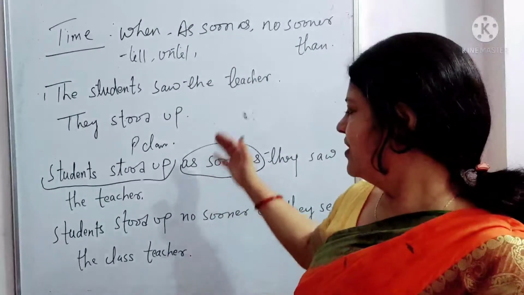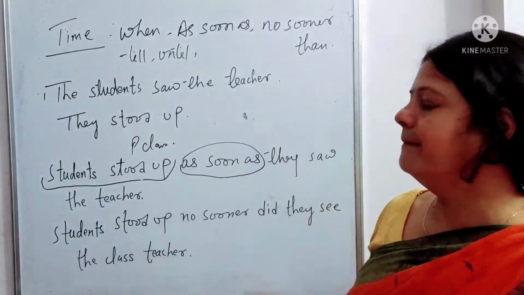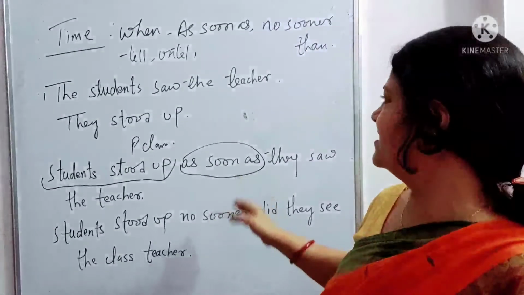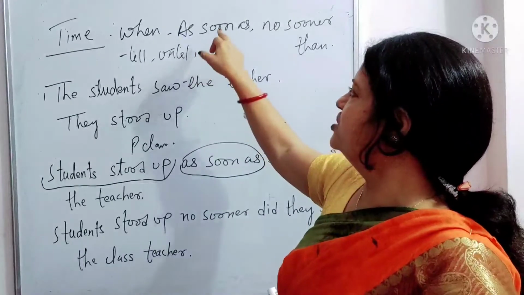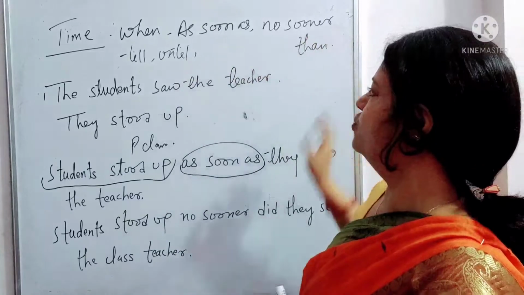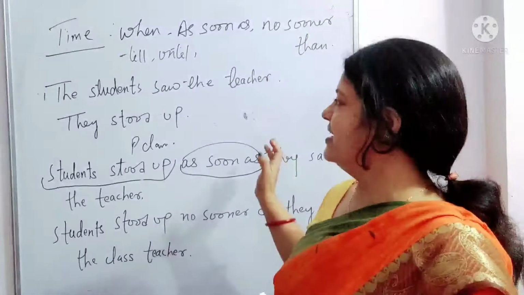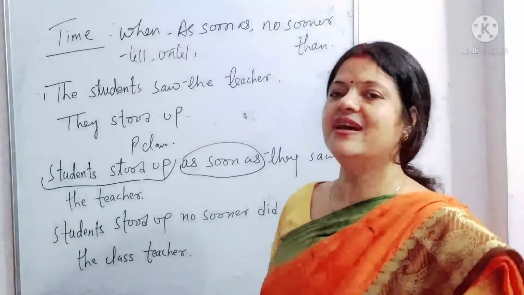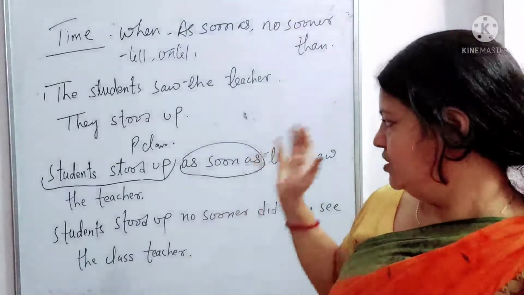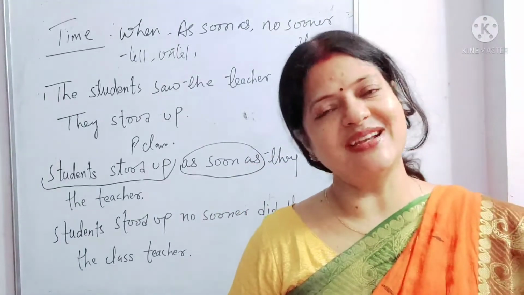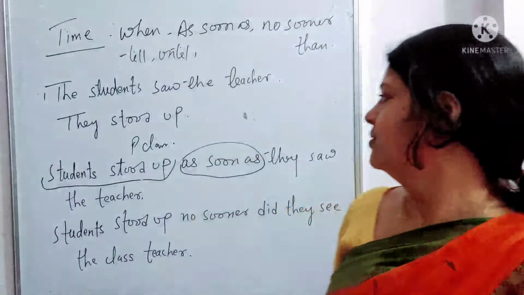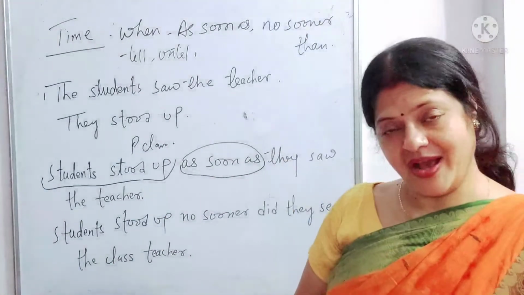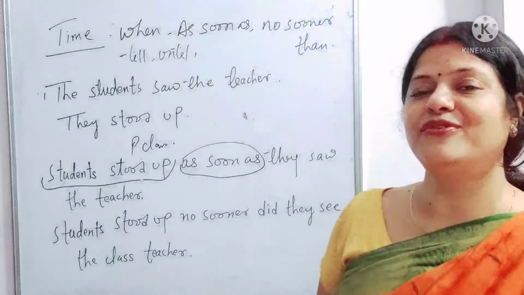So we have combined these two sentences into complex sentences by using the subordinating conjunctions as soon as and no sooner than. Let's see now, by using till and until, how we can add two or more simple sentences to make one complex sentence by using an adverb clause.